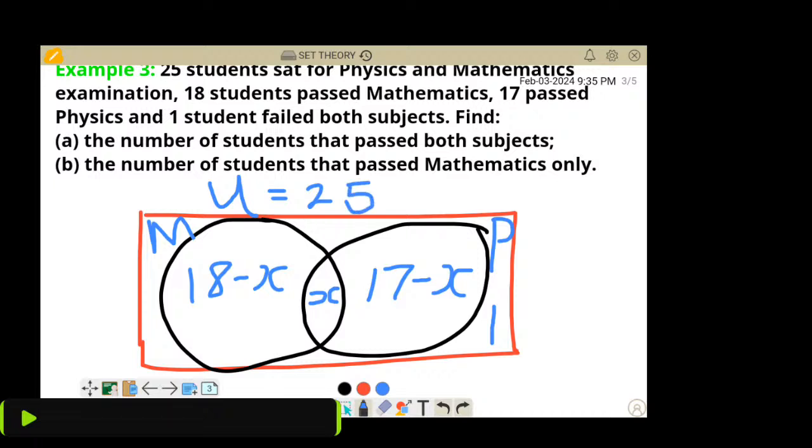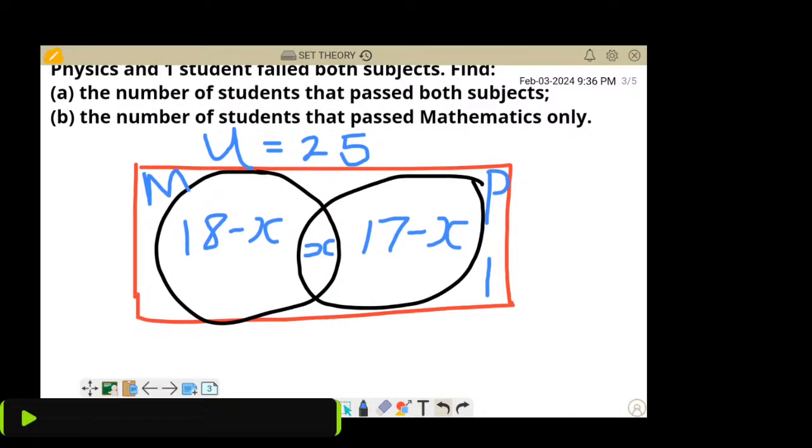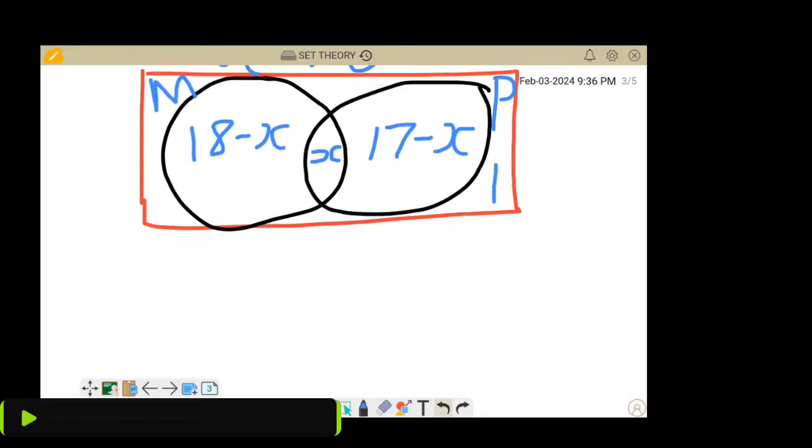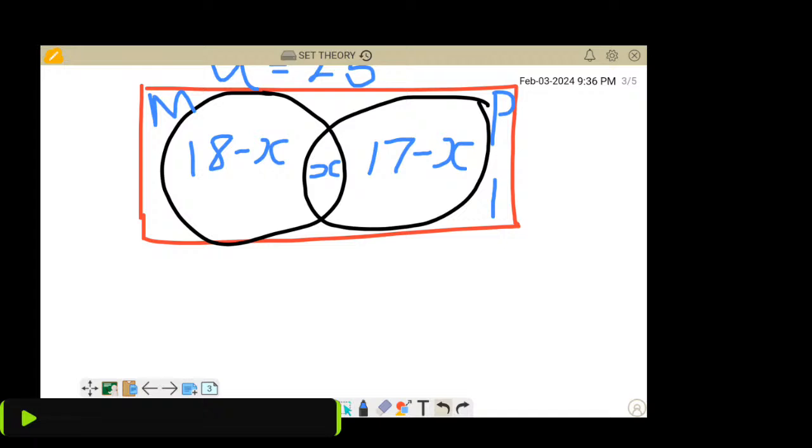Okay, let's see how we can solve the first question, which is the number of students that passed both subjects, which we represented with X in our diagram. Now to find that, we are adding everything together and equating it to 25.